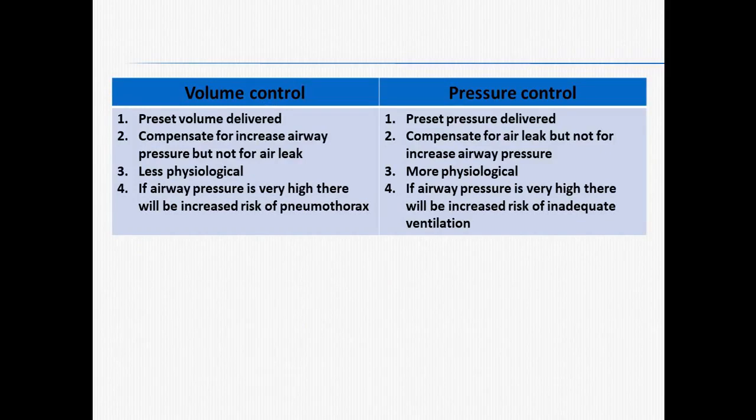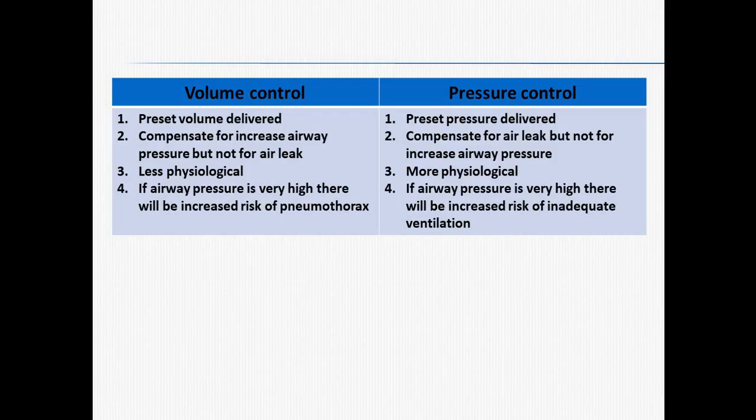Here we have a difference between volume-controlled ventilation and pressure-controlled ventilation. In volume-controlled ventilation, a preset volume is delivered and compensates for an increase in airway pressure but not for air leak. It is less physiological.